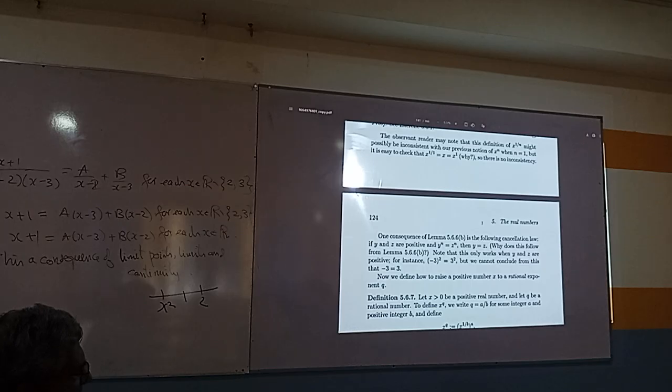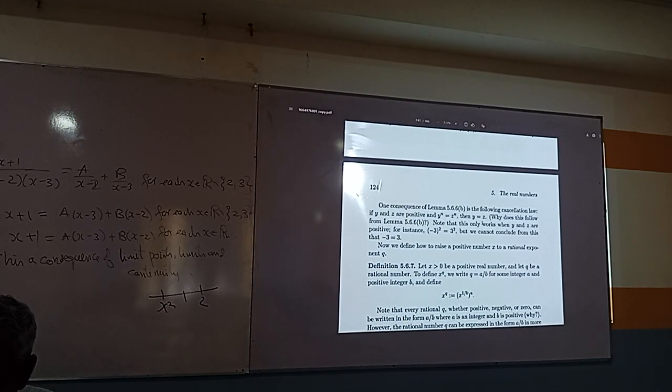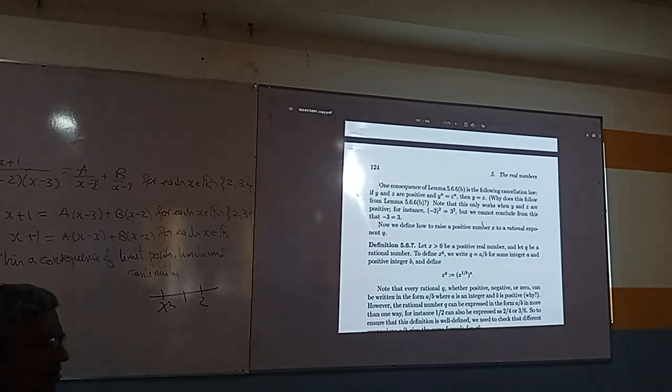Now we define how to raise a positive number x to a rational exponent q. So these are constructions. You should have seen them once, but you don't have to try to remember these proofs at all.